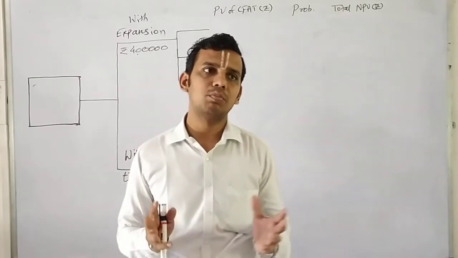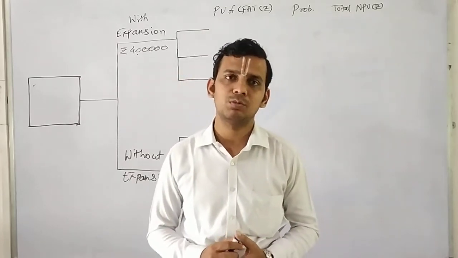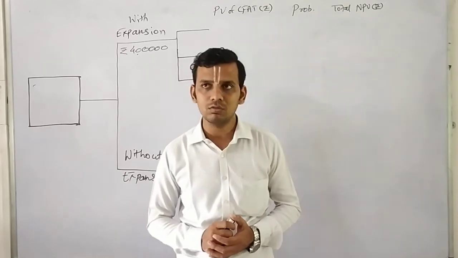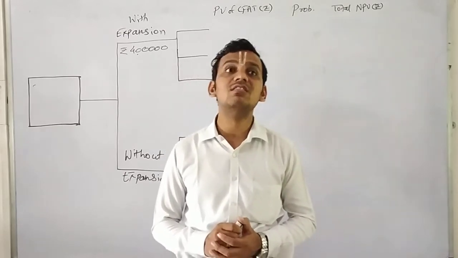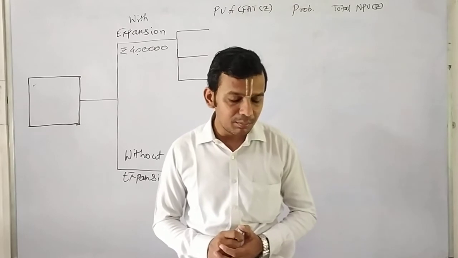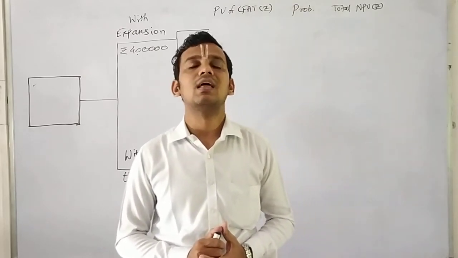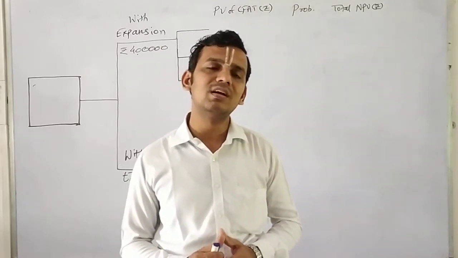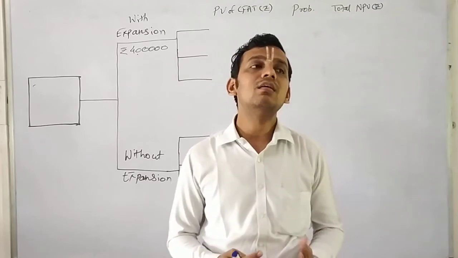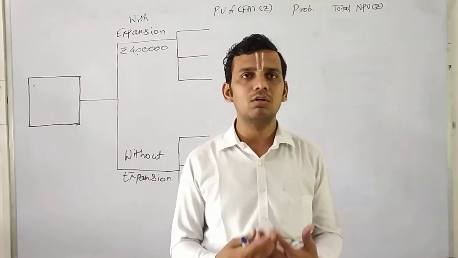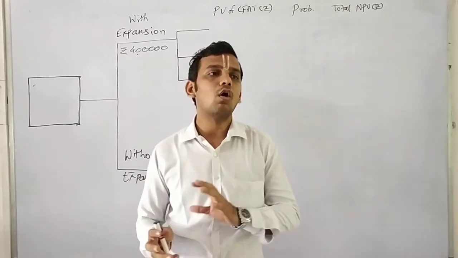In this particular section we have come to the last part, that is the decision tree analysis. Why is it known as decision tree analysis? The reason is that the graphical or pictorial representation of the solution is just like a tree lying in a horizontal pattern.